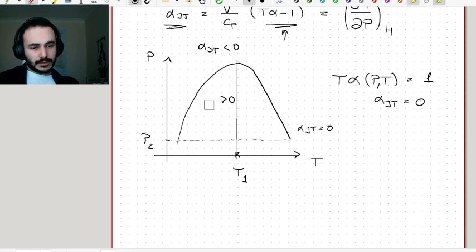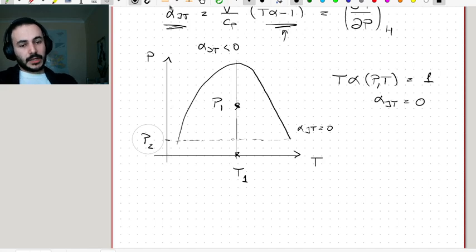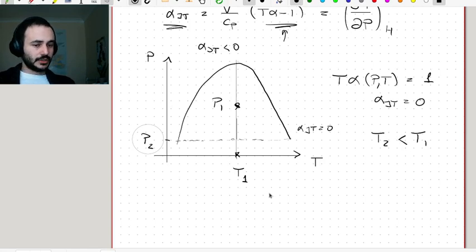Let's call it P1, and then you can let it expand to a final pressure P2, the lowest pressure you have because it's your atmospheric reference value. As a result, the gas will reach a temperature T2, which is lower than the initial room temperature T1.